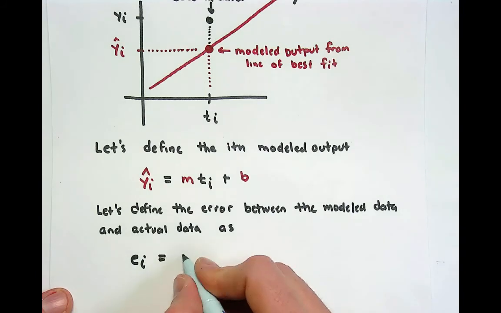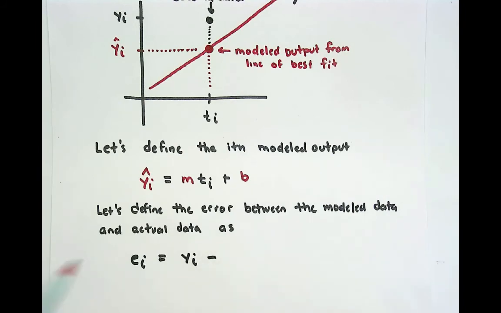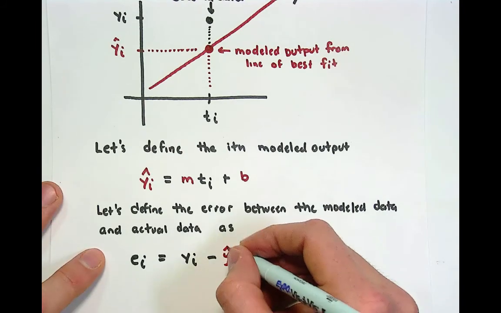This is going to be the actual data minus the modeled output.